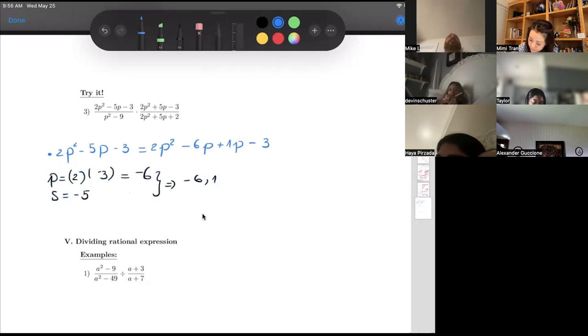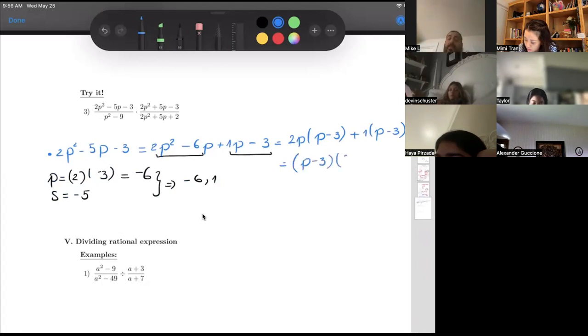You group factoring, you group this and you group this. So I got the first one, I can factor out 2p. So I have p minus 3 left, plus factor out the 1, p minus 3. And then again, factor p minus 3. What's left is 2p plus 1.